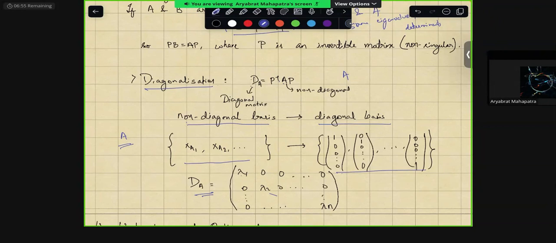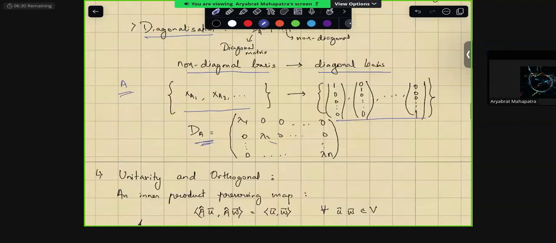So lambda 1, lambda 2 will be the eigenvalues for D_A, and also for matrix A, because they are similar matrices defined using the similarity transformation. After all, we are doing a diagonalization here.